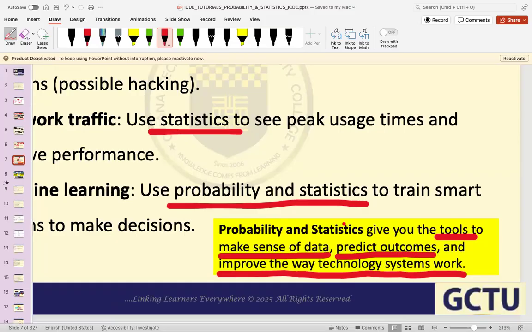But we are here in this course to have some fundamentals in probability and statistics that can enable us to understand the complex ICT systems that we can come across in our journey.